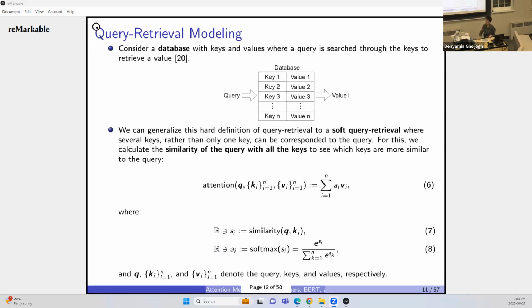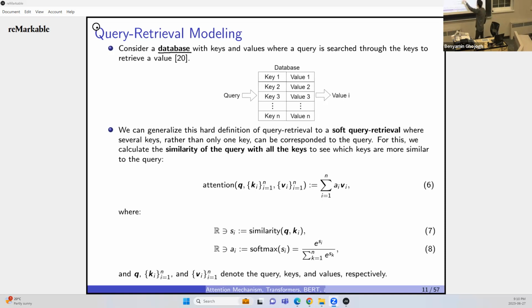Now consider databases. Have you passed any course on databases? If you have, you know that a database has keys and values. In Python, you can see it as a dictionary, and they are usually modeled as hash tables.